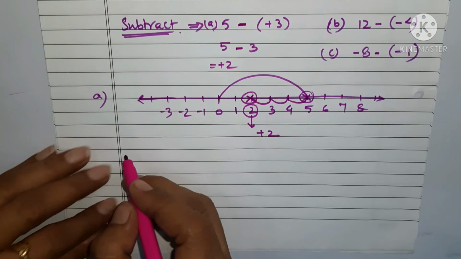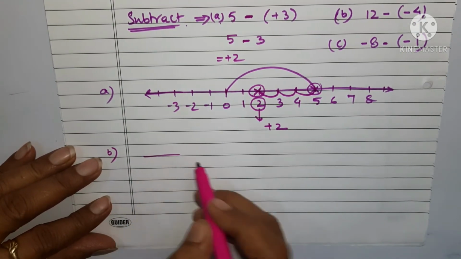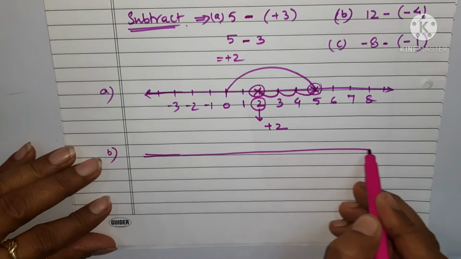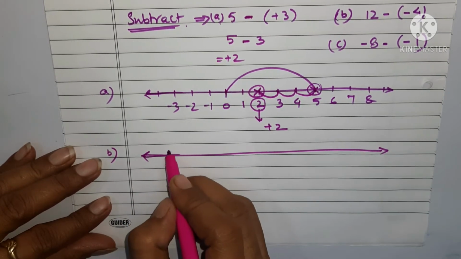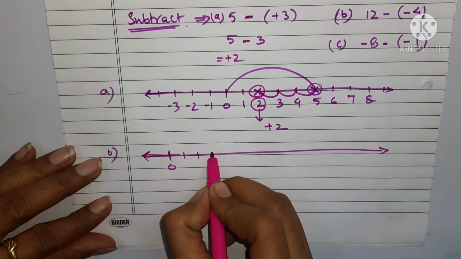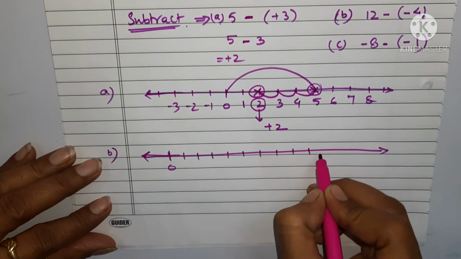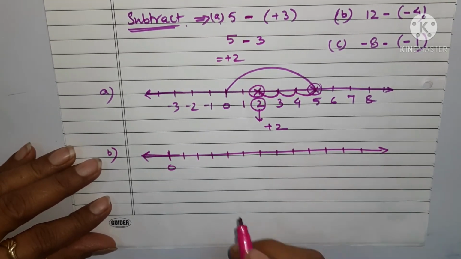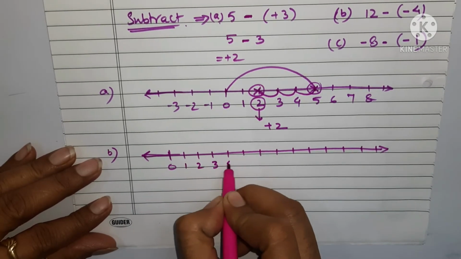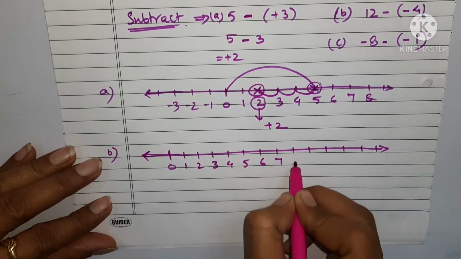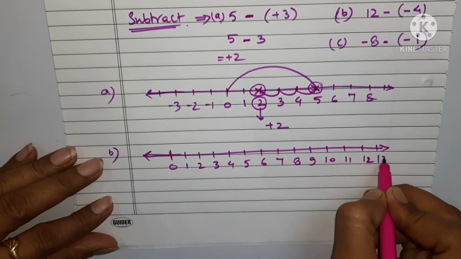Now the second is B. In the B case, you are given one integer line, and I'm taking here 0. Now 1 2 3 4 5 6 7 8 9 10 11 12, and 13.